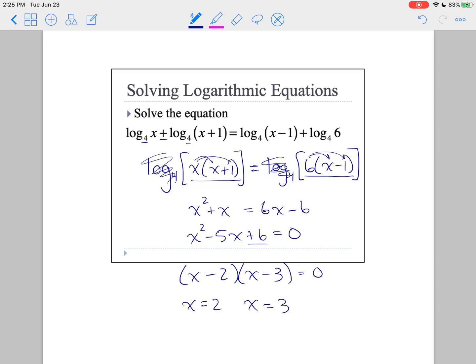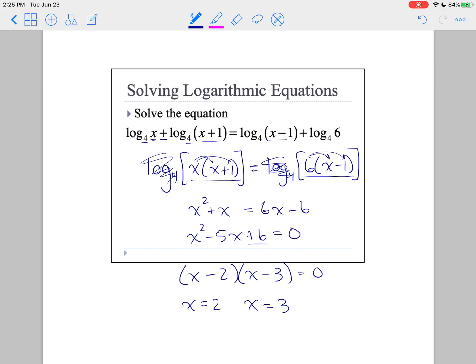Now, the problem here is we still need to check everything back in the original. It is possible that through this process, we have found an answer that doesn't actually work in the original equation. So I'm just going to make sure that when I plug the 2 and the 3 into any of these logs, I'm not getting a negative number, or 0.